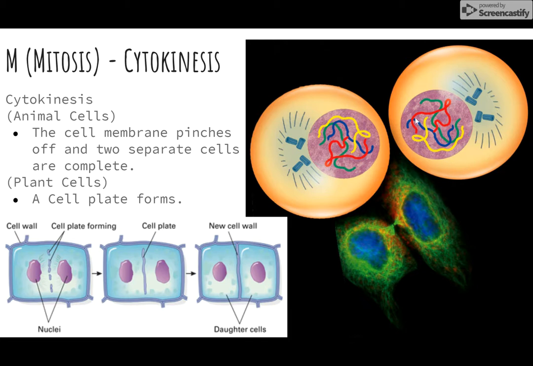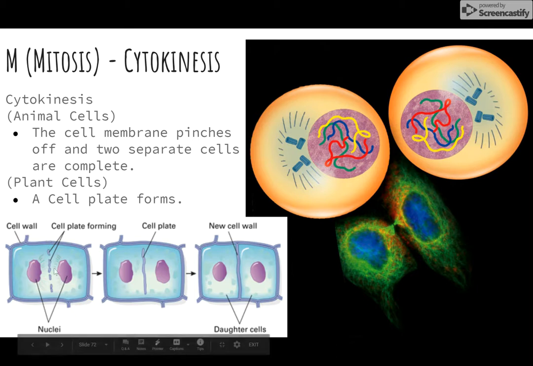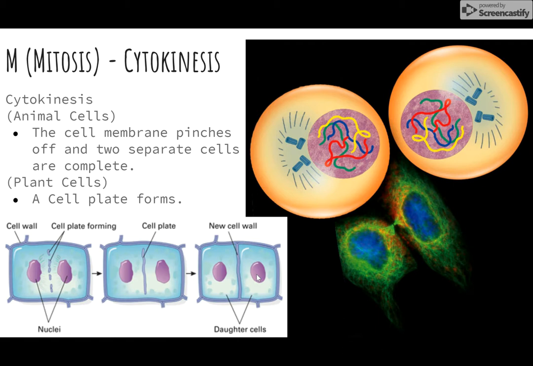We have our purple nucleus here with our strands of DNA that have uncoiled. And in animal cells, the cell membrane actually pinches off in order for these to separate. But in plant cells, they form what we call a cell plate, which forms between the two cells and is basically a segment of cell wall that grows between the two cells.